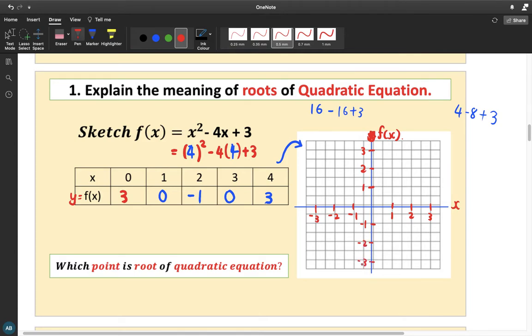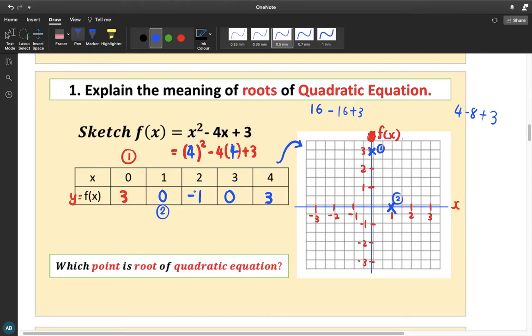Okay, so the first point that we have is 0, 3. Maksudnya x kosong, y 3. So, f(x) 3. So, this is your first point. And your second point is x is 1, f(x) is 0. So, here is your second point kat sini.